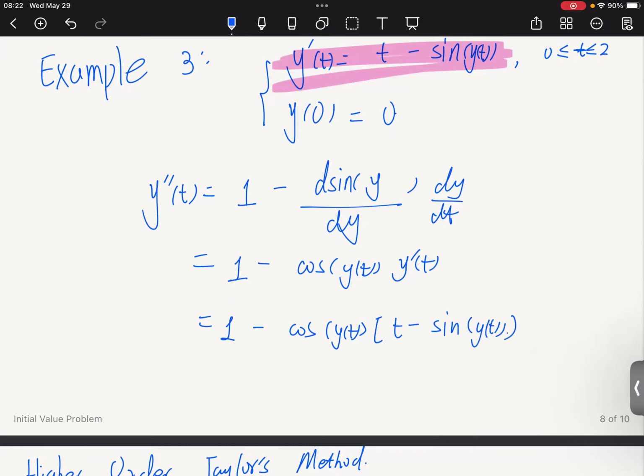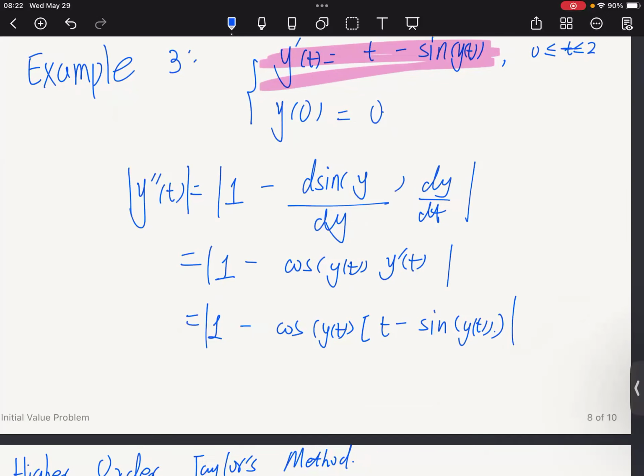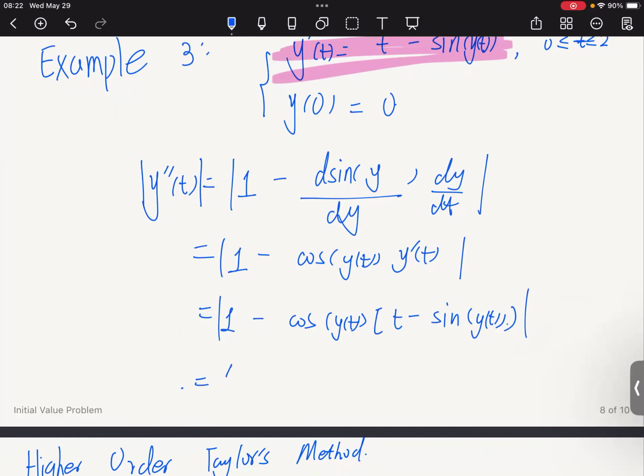We are bounding the absolute value of y double prime t, so at the end of the day it is bounded by 1 plus the absolute value of cosine yt times the absolute value of t minus sine yt.